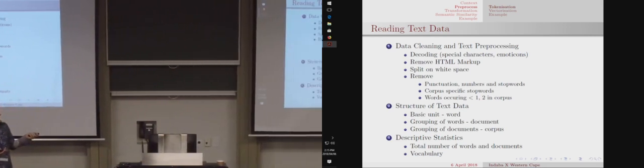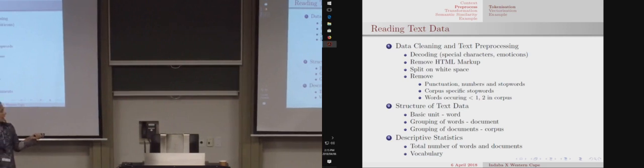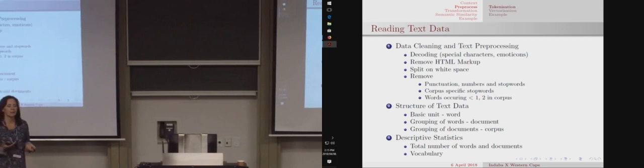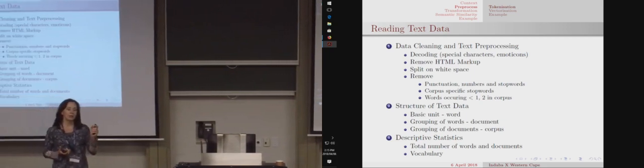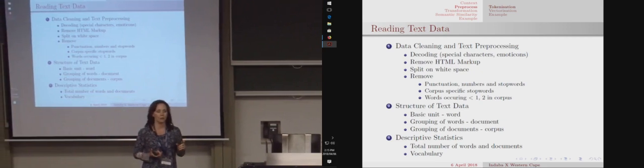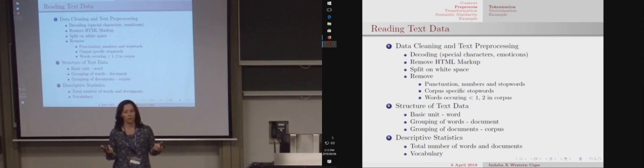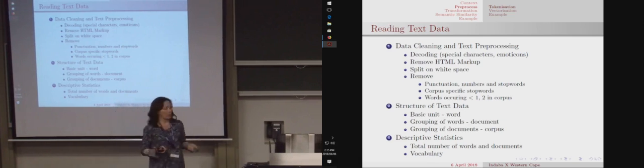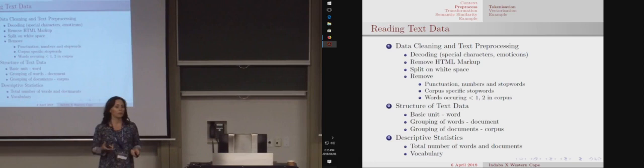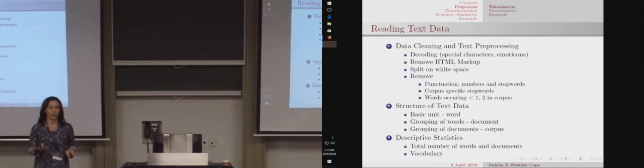So the descriptive stats that we get are the total number of words and documents, and then we also get the vocabulary. The vocabulary is the list of unique words in your corpus. Typically, if you work with a corpus of, say, around 10,000 documents, after pre-processing you have between 15,000 and 20,000 words in your vocabulary.